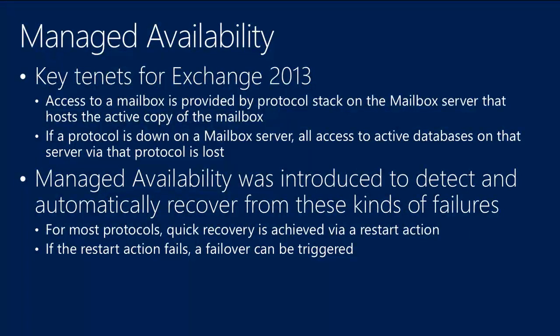If the protocol stack is down, no one's getting into their databases via that protocol. Okay, and so managed availability is there to look for problems in the protocol stack or problems in the dependency stack and to automatically recover from them as soon as they're detected, assuming they are recoverable. So it's high availability that now extends to all the rest of Exchange. We still have all the good stuff that we're doing with Active Manager and the DAG, but now we've got managed availability that is giving you HA throughout the rest of the system.